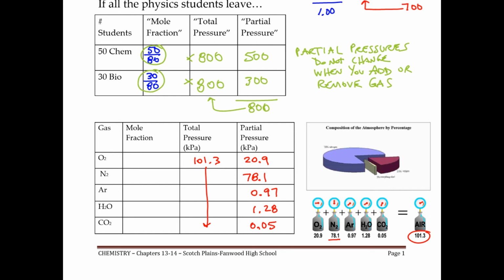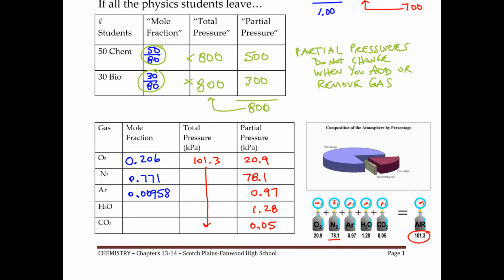So again, we're going to work backwards, and we're going to find out the mole fractions. So when you divide the partial by the total, you're going to get 0.206 for the first one, 0.771, 0.00958.